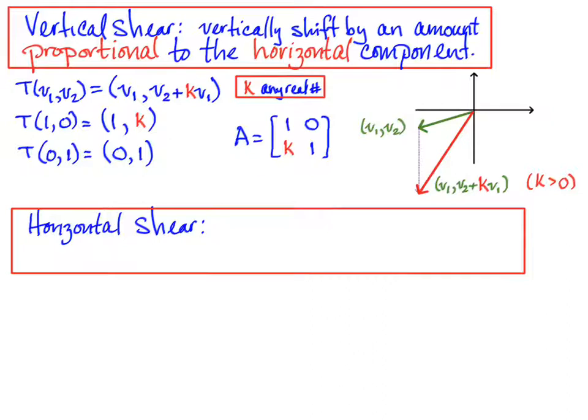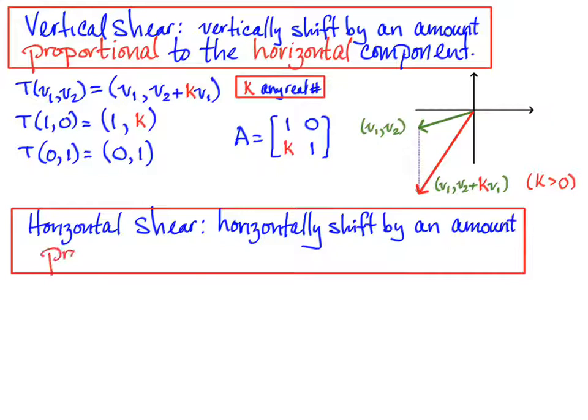So now let's look at the horizontal shear. So horizontal shear is another definition that's slightly complicated. It's very similar. We're going to horizontally shift each vector by an amount proportional to the vertical component.